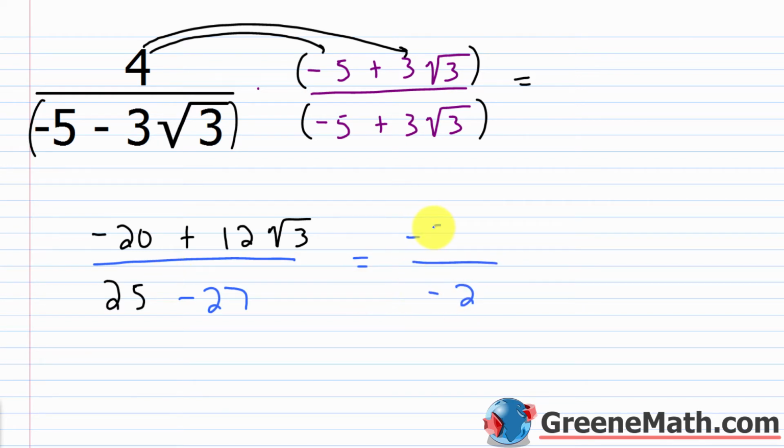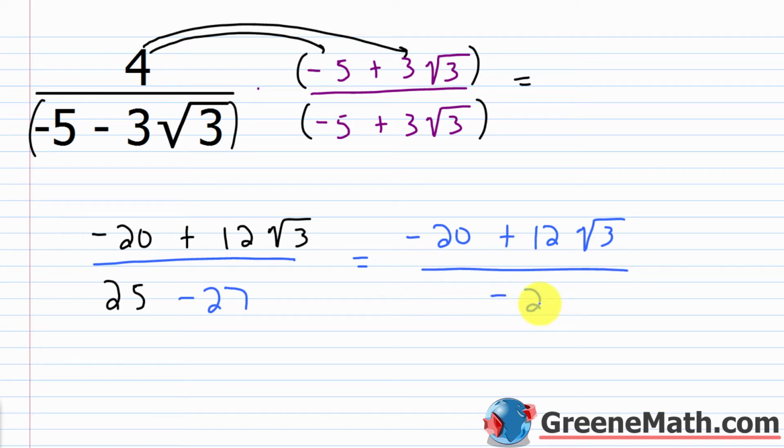In the numerator, we have negative 20 plus 12 times the square root of 3. So I'm radical free in my denominator now. I'm not done simplifying, but I am radical free. Now, what else can we do? Well, one thing is, a lot of people don't like having a negative in the denominator. So you could factor out not only a 2, but a negative 2 from the numerator. So let's go ahead and do that.